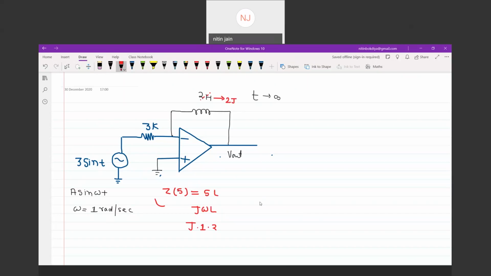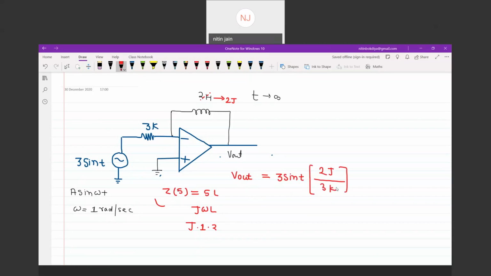So what is the output of this circuit? I can say V out for the circuit is given by 3 sine of t as V in, and this is an inverting kind of circuit. So Z2 by Z1. Z2 represents the feedback impedance, which is 2j, and Z1 represents 3 kilo ohm.